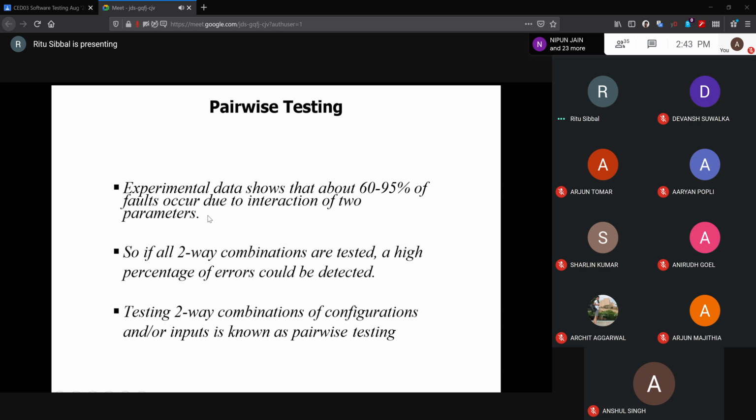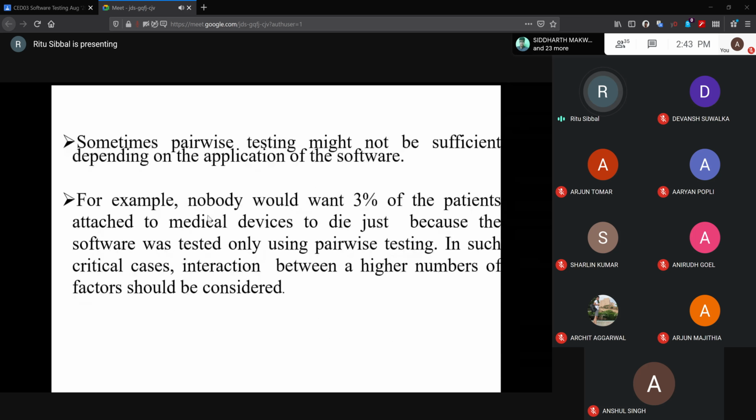Now, sometimes pair-based testing catches 95%, but at times pair-based testing is not sufficient, depending on the application. Take life-critical software, which is attached to medical devices. We would not say that we just rely on pair-based testing to test such critical software used in medical devices for patients.